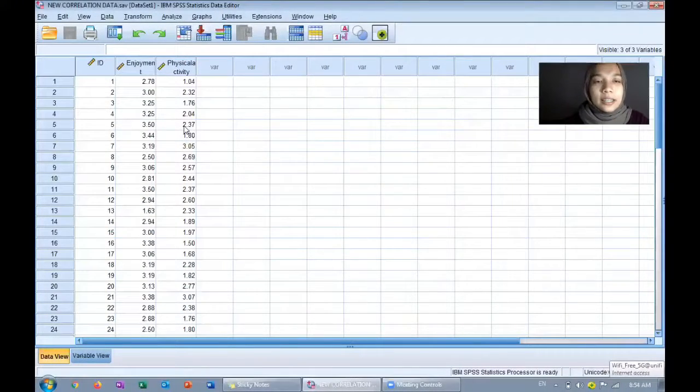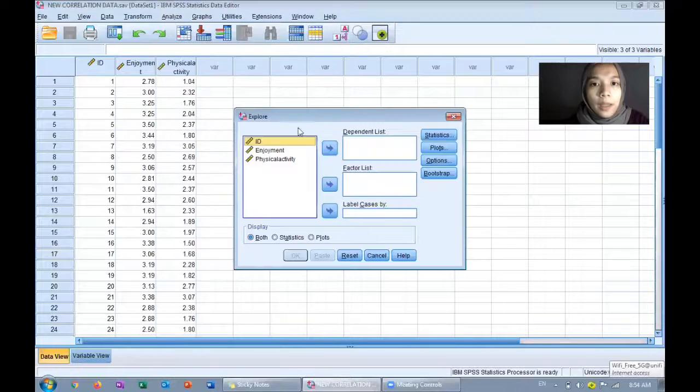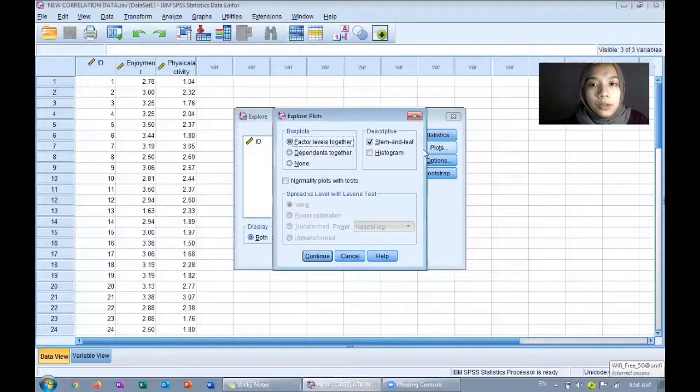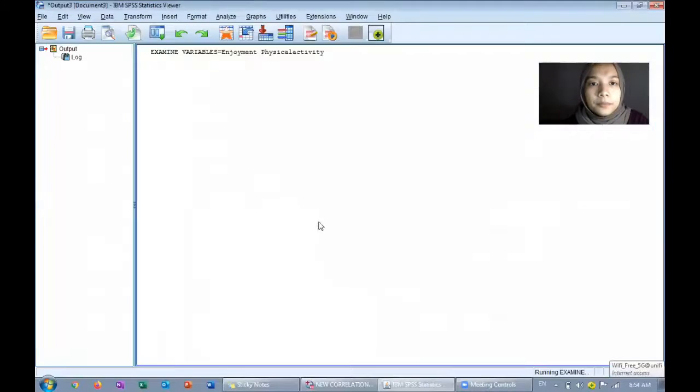To do the normality test, we go to Analyze, Descriptive, Explore, and for the dependent list, we put together the enjoyment and physical activity participation because the two are correlated. Then for plots, we choose histogram and normality plots with tests, continue, and okay.